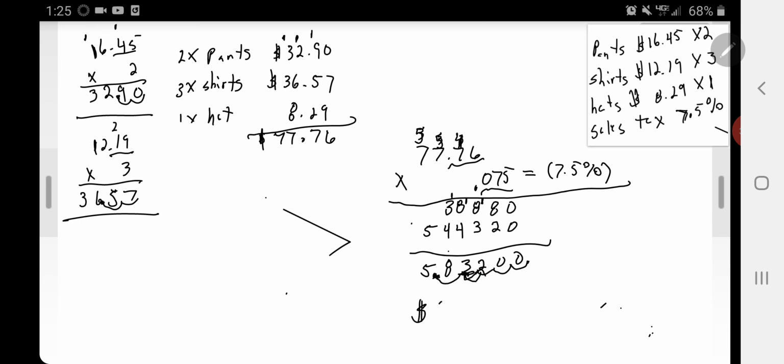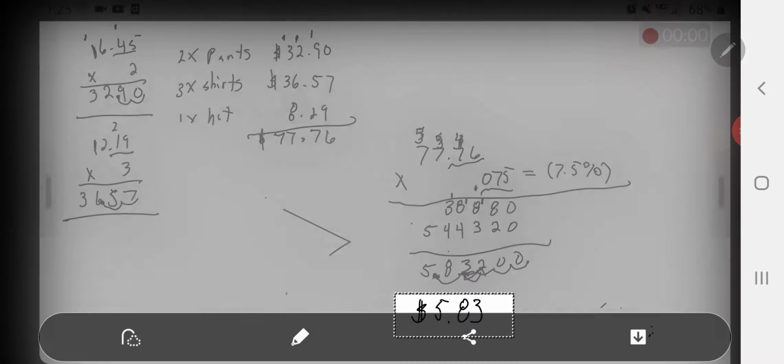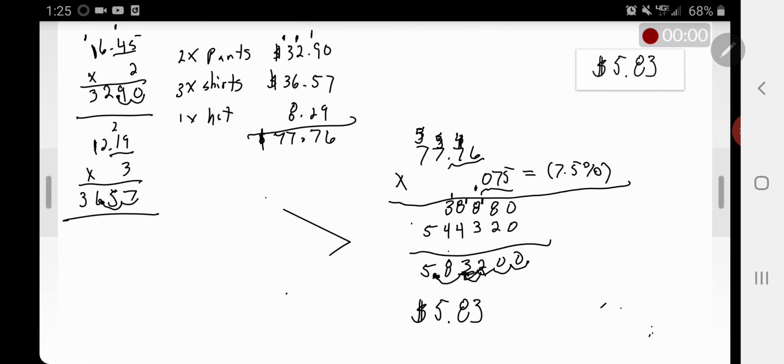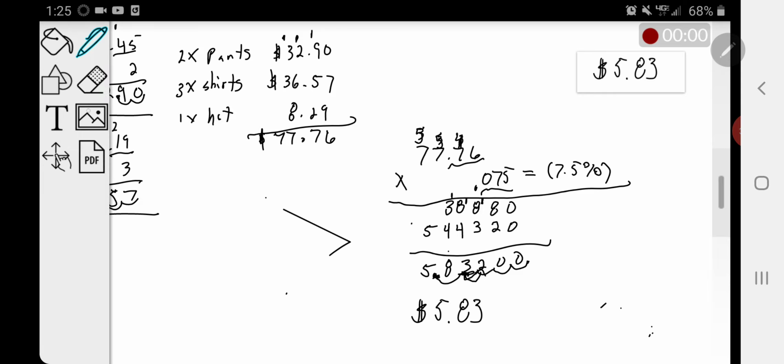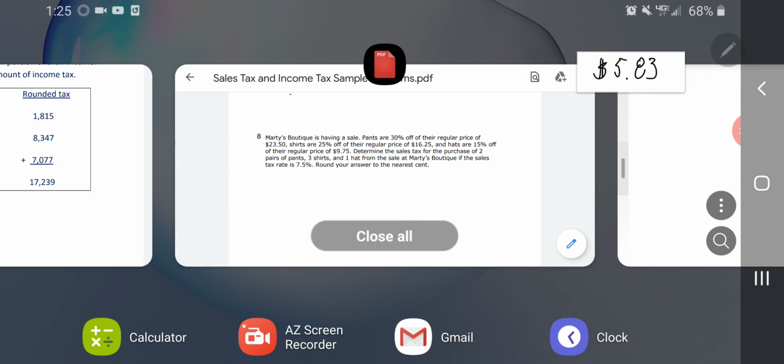So she'll be paying $5.83 in sales tax. So there is our answer.